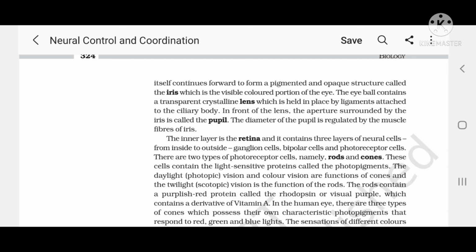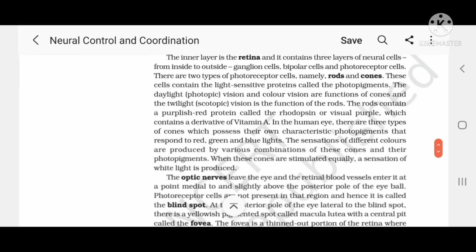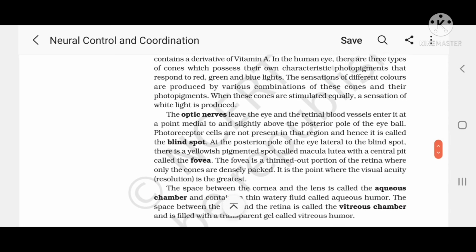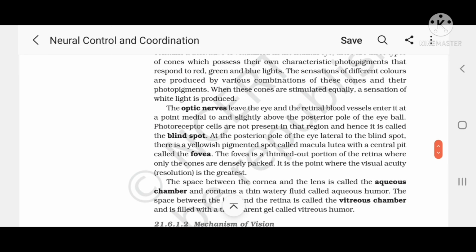The daylight photopic vision and color vision are functions of cones, and the twilight or scotopic vision is the function of the rods. The rods contain a purplish red protein called rhodopsin or visual purple, which contains a derivative of vitamin A. In the human eye, there are 3 types of cones which possess their own characteristic photopigments that respond to red, green, and blue lights.